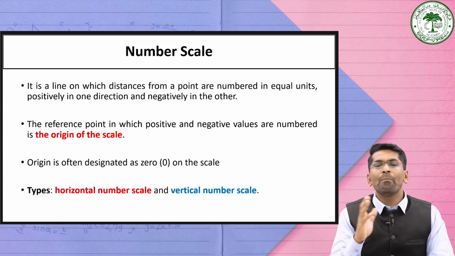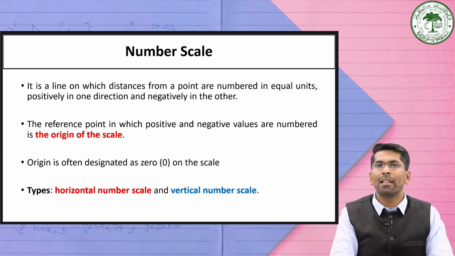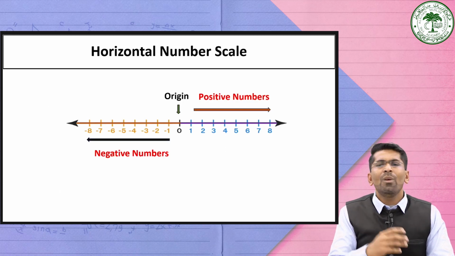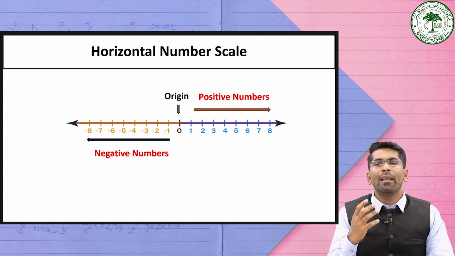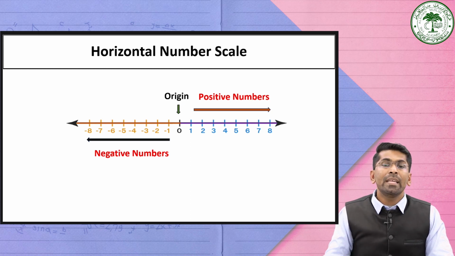The number scales are of two types: one is the horizontal number scale and the other is the vertical number scale. The horizontal number scale is a line, or an axis, representing number values oriented in a horizontal manner.